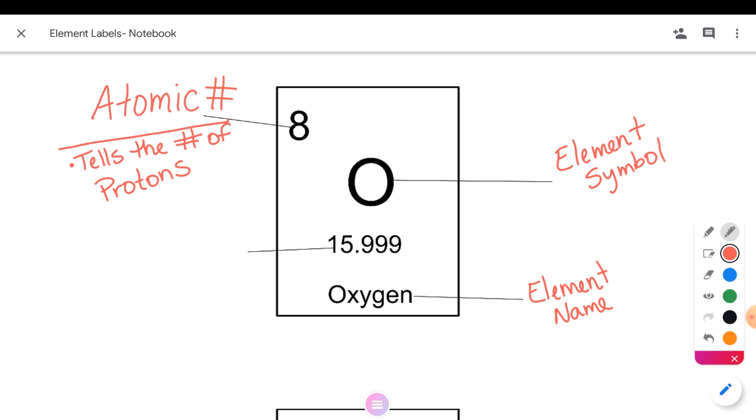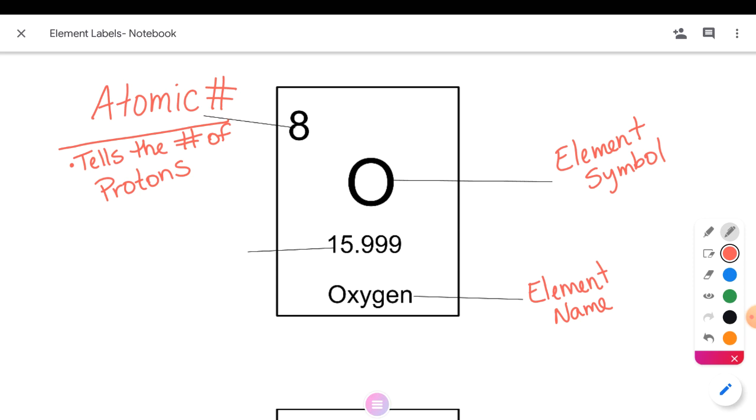Gold is Ag. Silver is Au, I believe. I might have those mixed. It's been a while since I've had chemistry. Yeah, Au is gold. I had them backwards. And Ag is silver. Is that right? Silver, yeah. Okay. So there's some symbols that will make sense to you. Okay. Some of them, what number is gold and silver? 79 and 47.